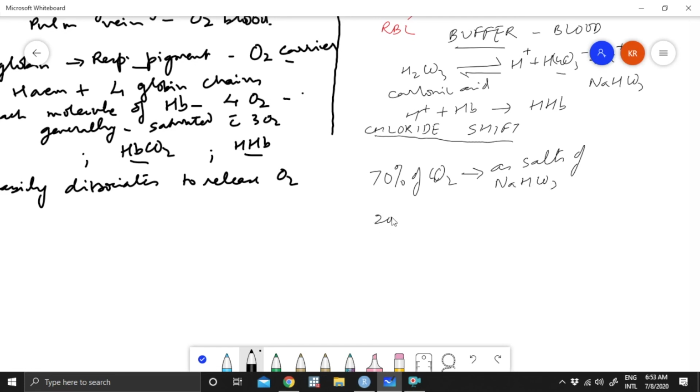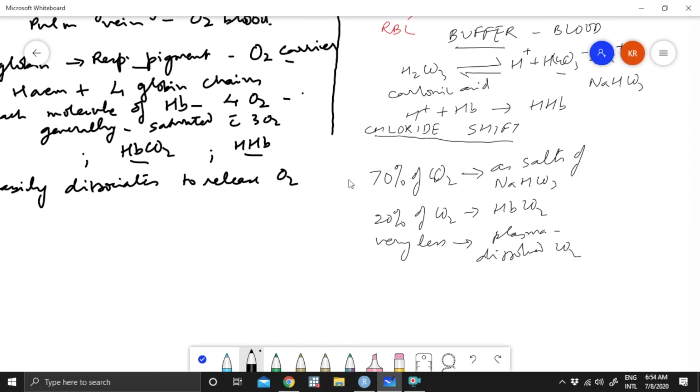About 20% or so, 22% of CO2 is transported as HbCO2, carboxyhemoglobin, and very little just in plasma as dissolved CO2.